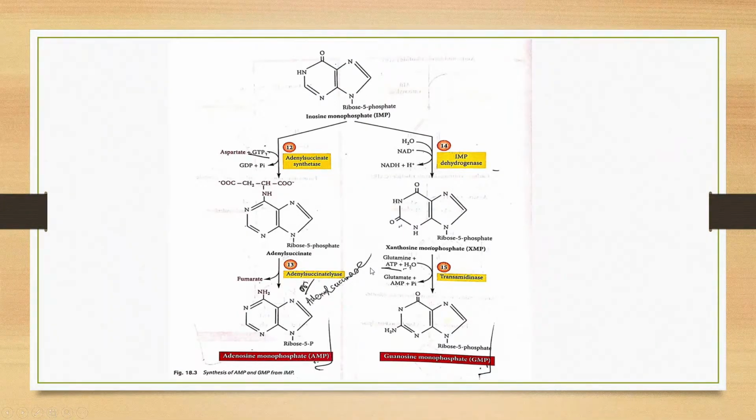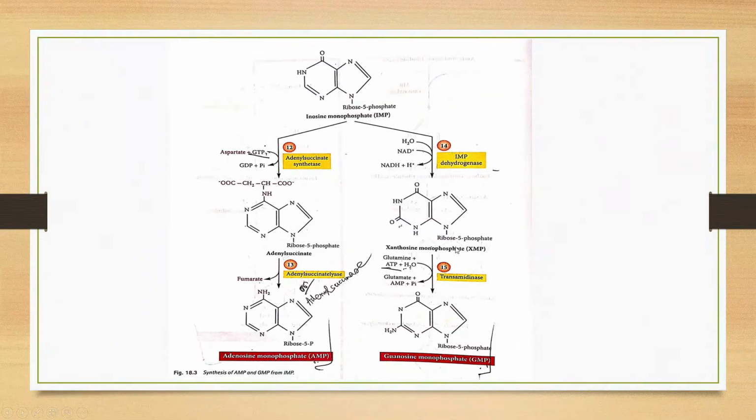Now IMP undergoes another path, after the adenylosuccinate synthetase step. IMP undergoes dehydrogenation through reduction of NAD by IMP dehydrogenase, forming xanthosine monophosphate.